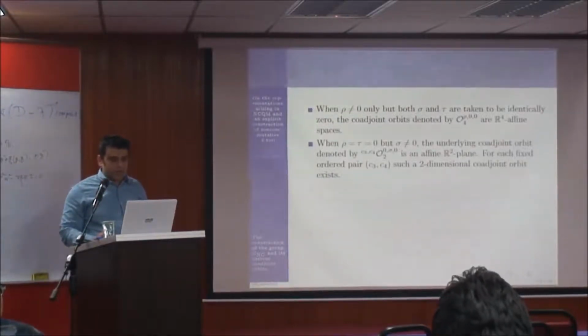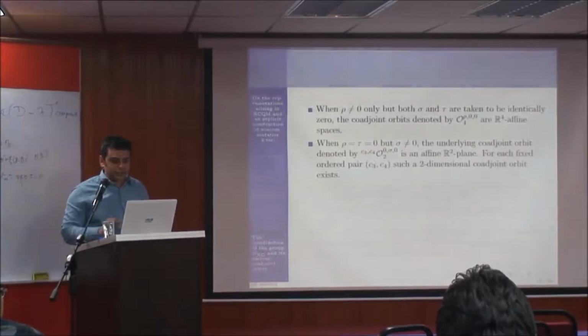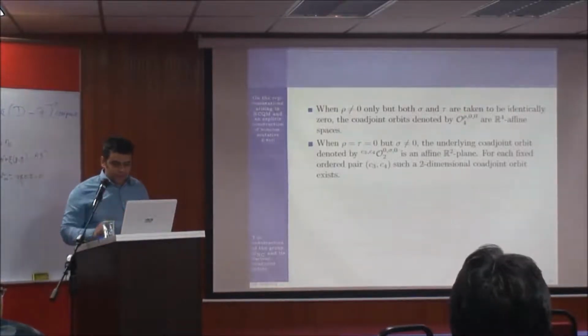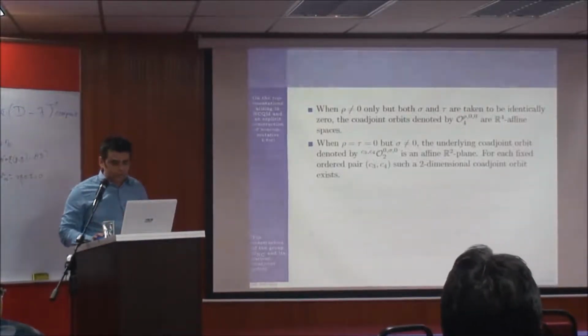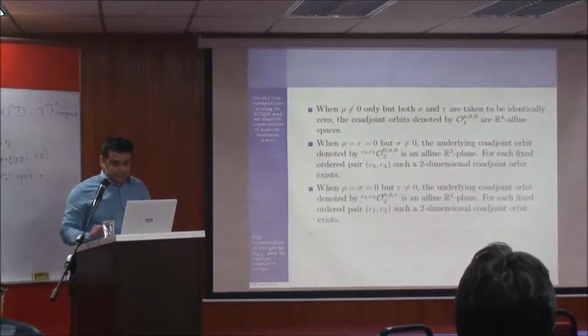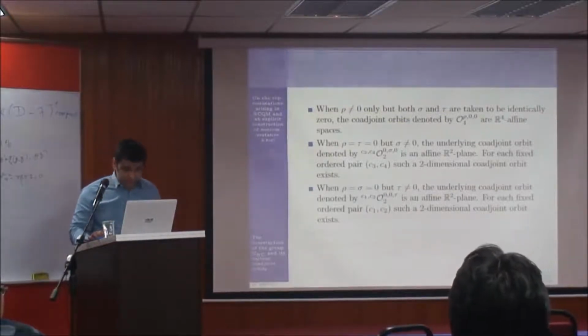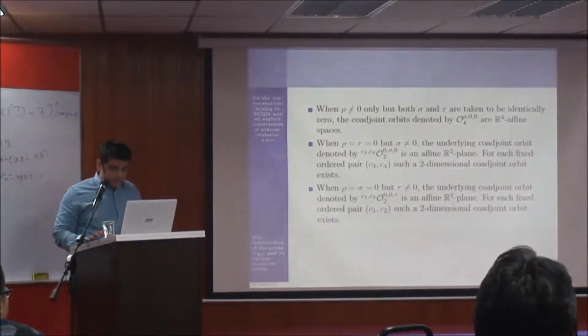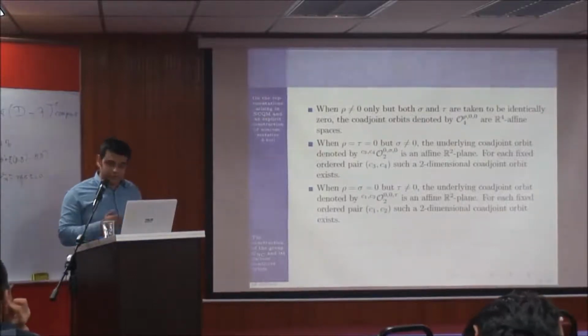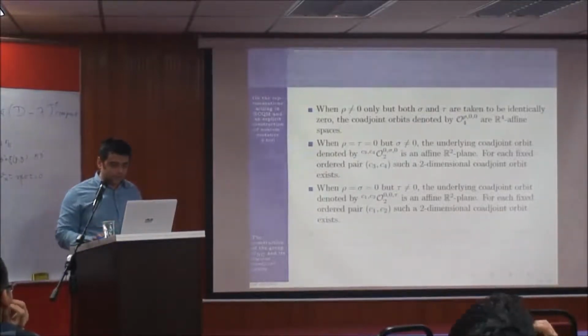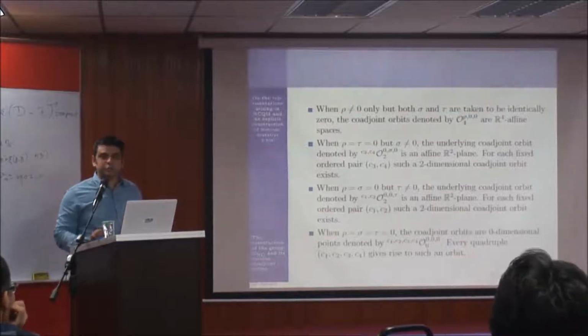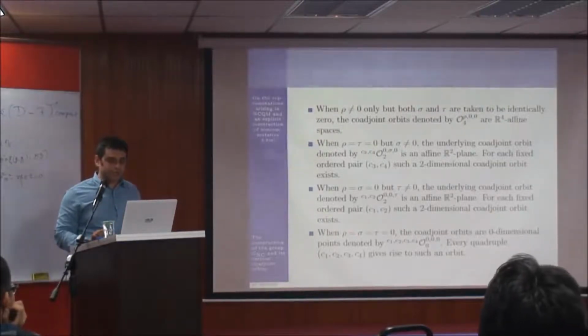All right. So now just one non-commutative plane with σ being non-zero and the other two are 0. Here the coadjoint orbits are R2 planes, and the second last is where τ is non-zero, similar to the previous one, and the final one is through the origin.